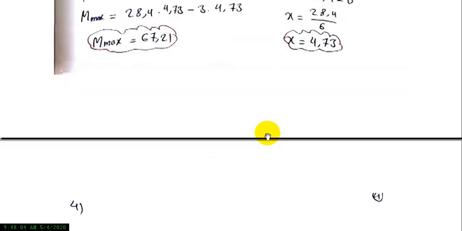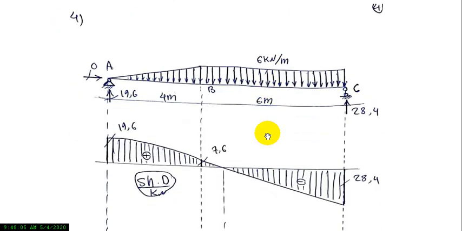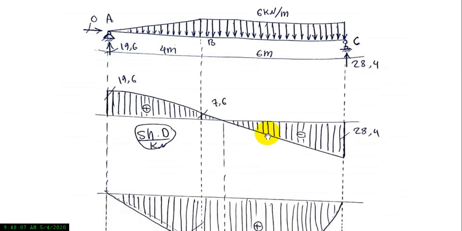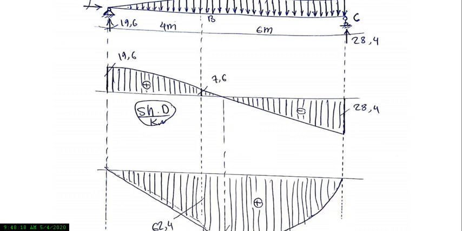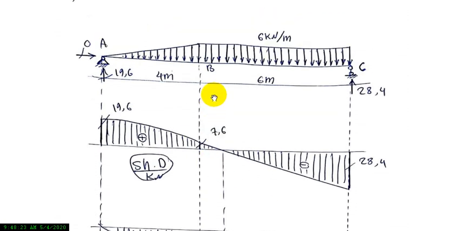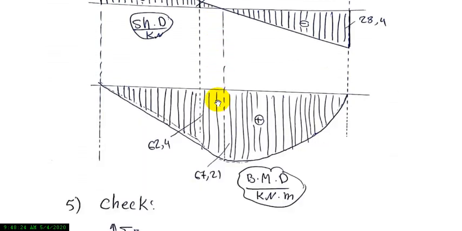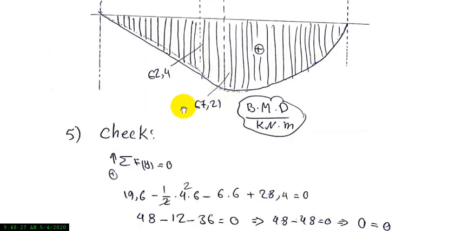Now we can join the two diagrams and combine them into one diagram. After that, this general diagram is obtained, which belongs to the trapezoid loading, and we want to check summation of Fy equal to 0.